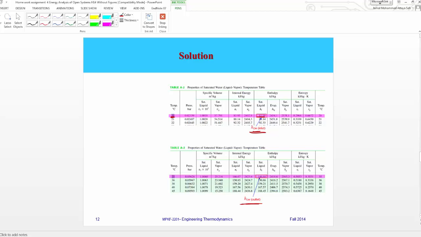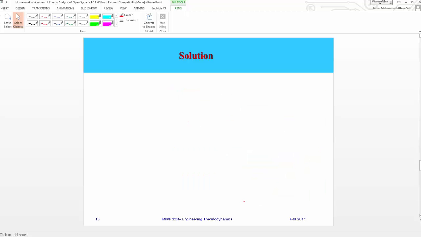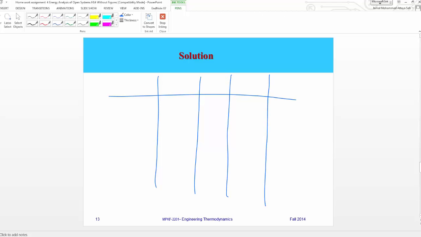So now I can make a table like this, and I can write. You already have this table, and that table will look like this. Here I will write the state.